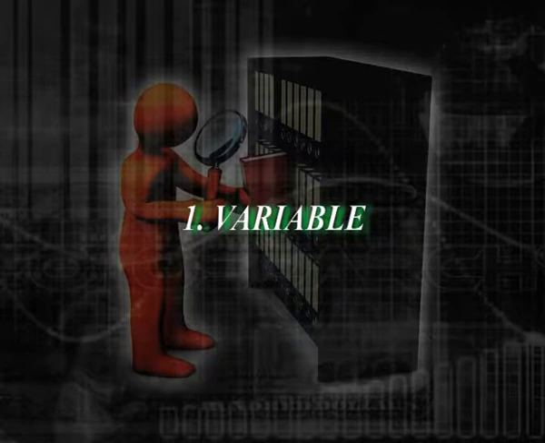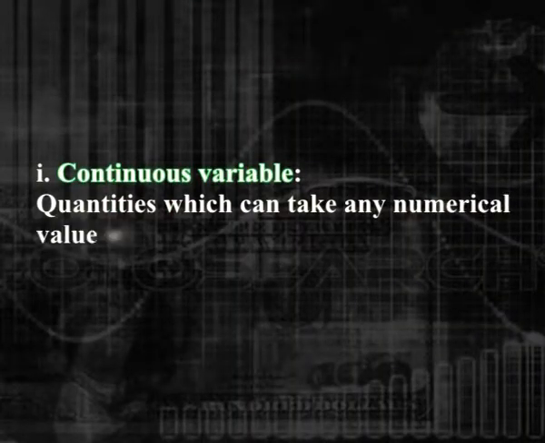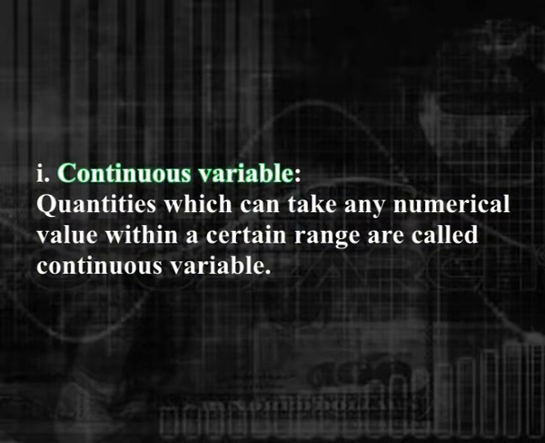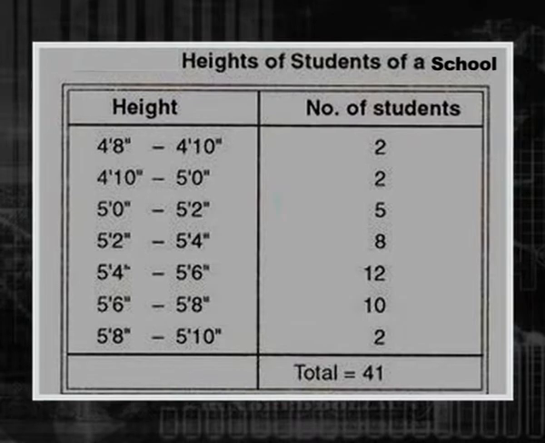The first one, variable. A measurable quantity which can vary from one individual to another is called a variable, for example prices, wages, rainfall records, etc. There are two types of variables. Continuous variables: quantities which can take any numerical value within a certain range, for example the height of students in a school.